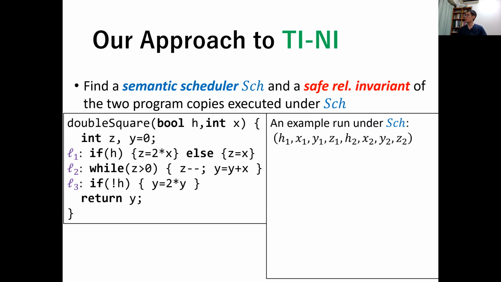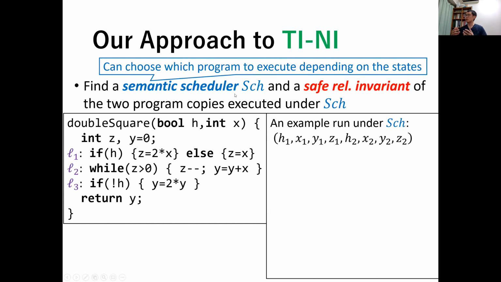So here's our approach to TINI. What we will do is find a semantic scheduler, SCH, and a safe relational invariant that holds under the scheduler. This semantic scheduler is roughly something that allows us to choose which program to execute depending on the current states of the two programs.